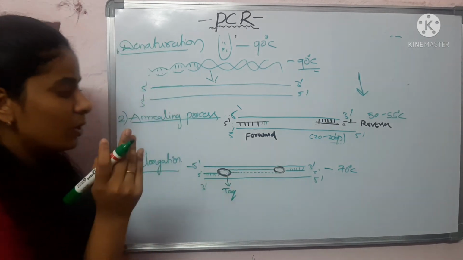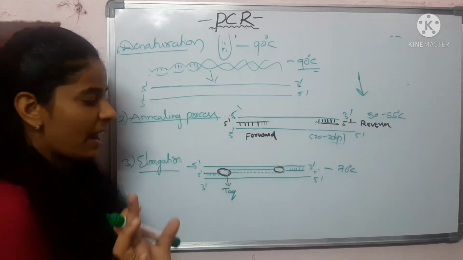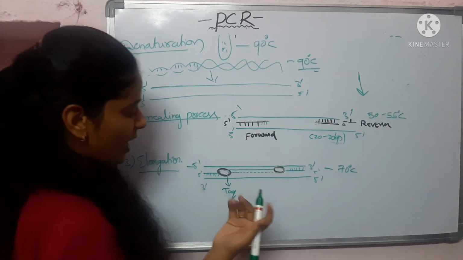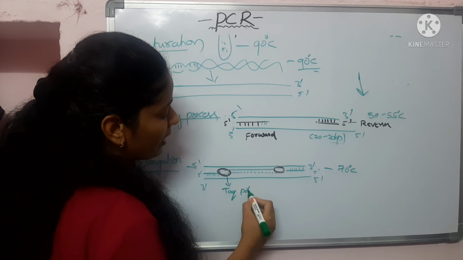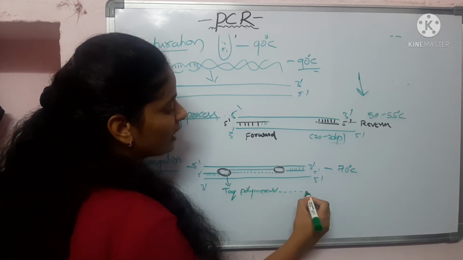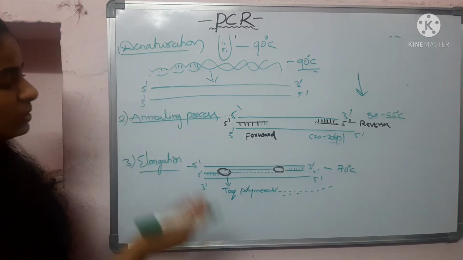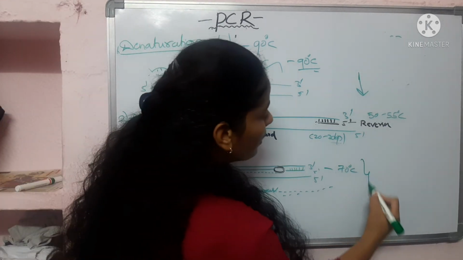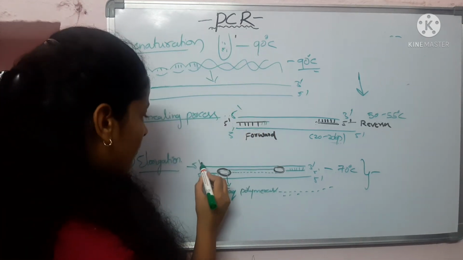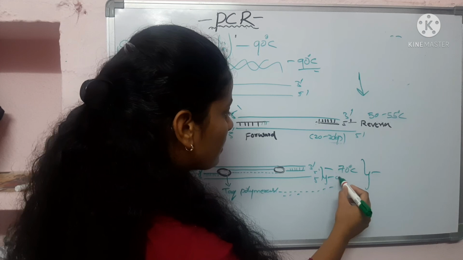So 2 new single strands are prepared from a DNA strand. Taq polymerase elongates the DNA by adding DNA bases. Here we form 2 new strands. This one is one strand, and this one is another strand.